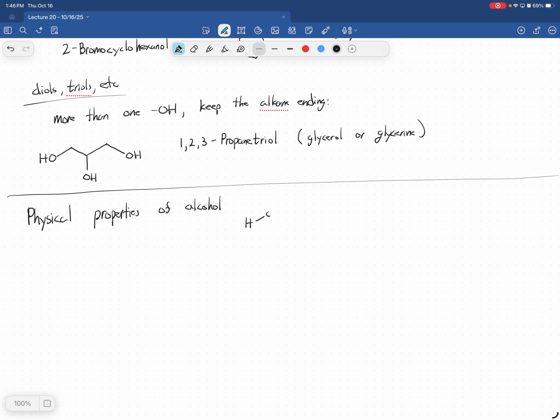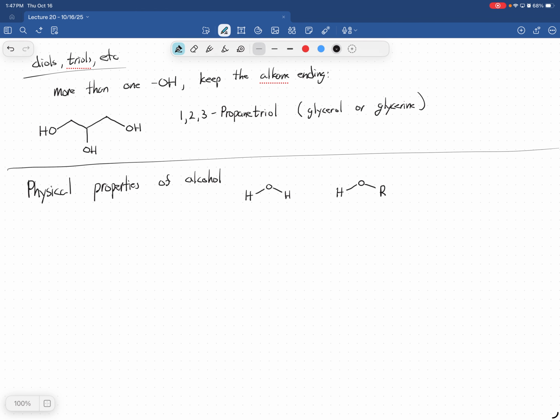So remember, water and alcohols, don't they look pretty similar in terms of their structure here, but also in terms of the types of atoms bonded to the oxygen, right? So physically similar, and that's because they have hydrogen bonding, okay?